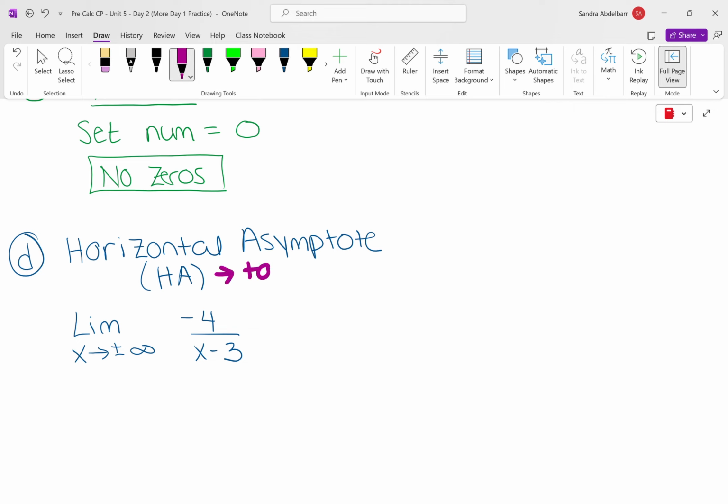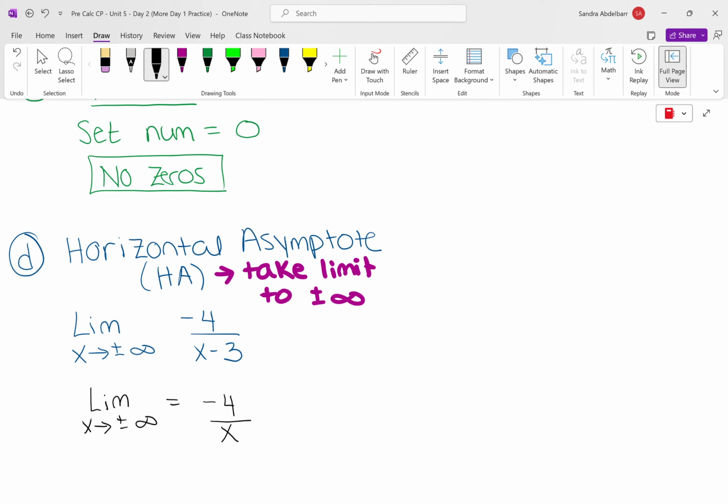So we take the limit. Okay, so if you guys remember when we were doing limits, when you're approaching plus or minus infinity, don't you choose the most influential term on top over the most influential term on the bottom? So this is going to be -4 over x.